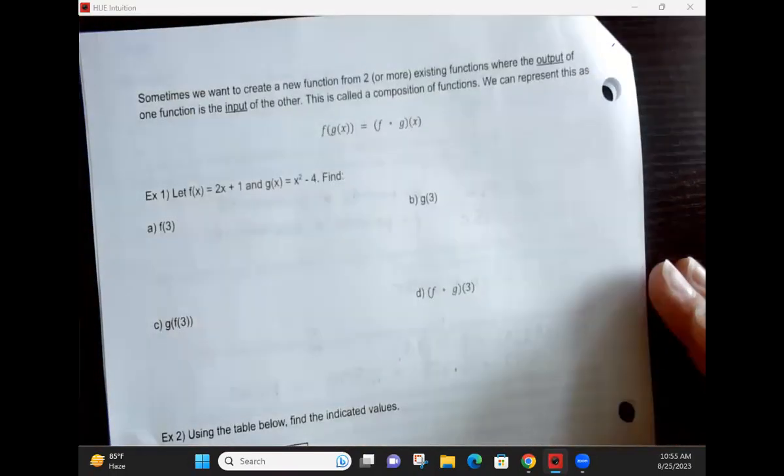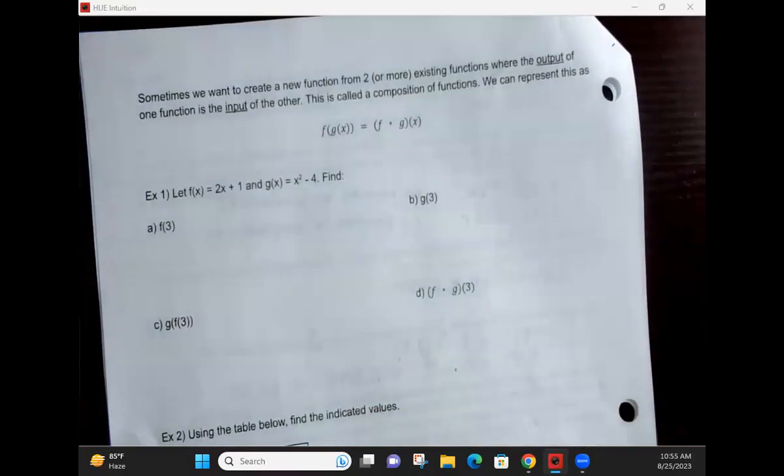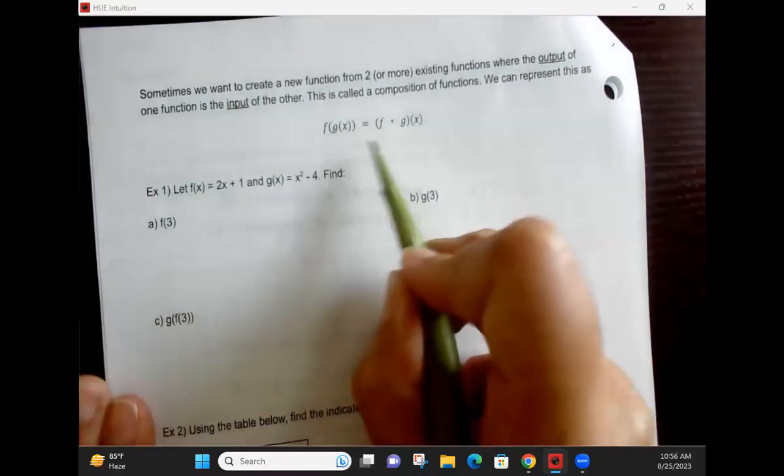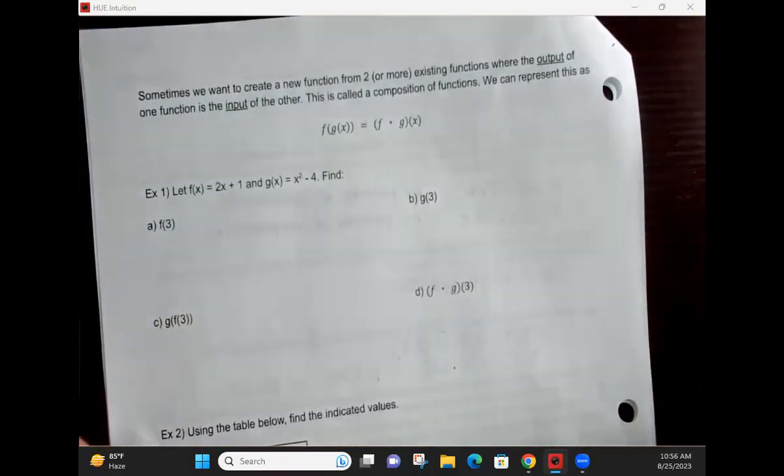Turn the page for me. And I want to show you some notation before we get started. What we're doing here is creating a new function by composing two or more. We could do this with more than two functions, but by composing two functions. The notation I see up here at the top, these mean the same thing.